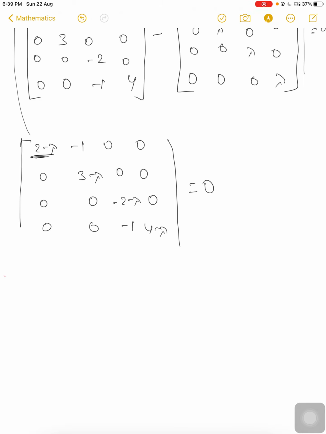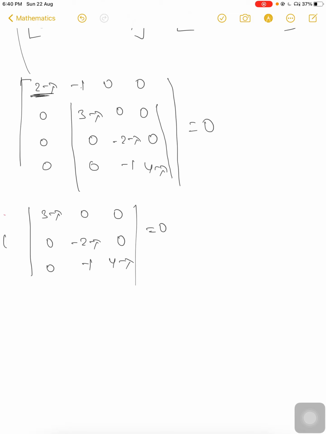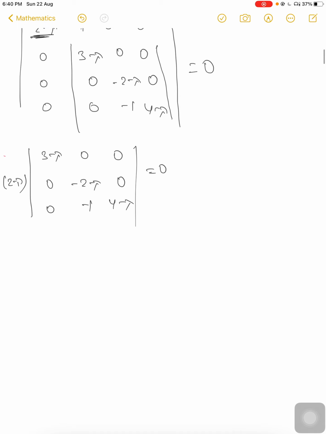Going from this side, only this element is valid out of those zeros. So you will get this matrix only: 3 minus lambda, 0, 0; 0, minus 2 minus lambda, 0; 0, minus 1, 4 minus lambda, equal to 0. You can also take the 2 minus lambda factor in the multiplication.